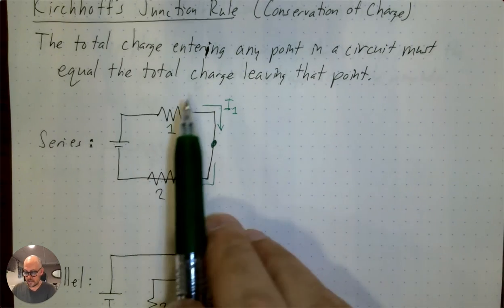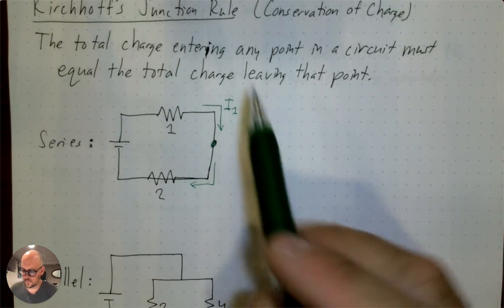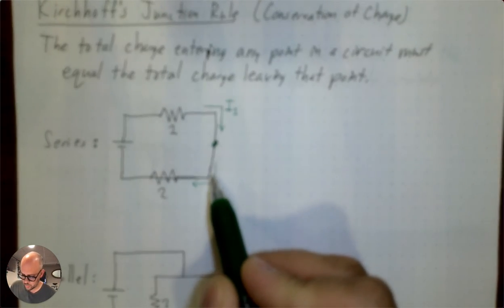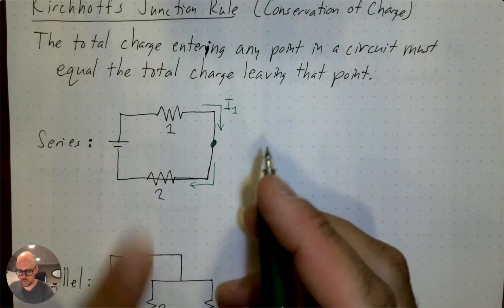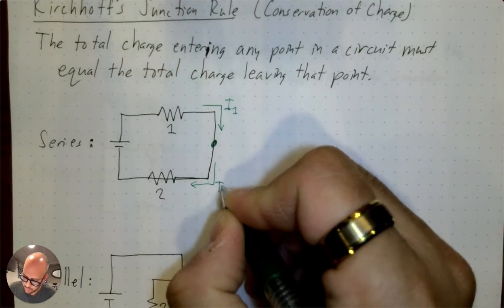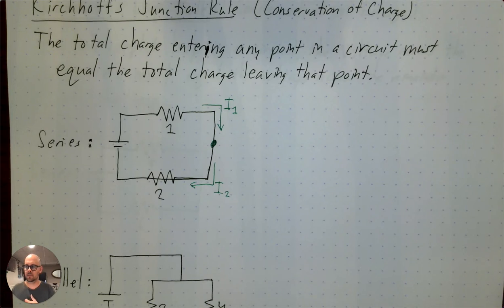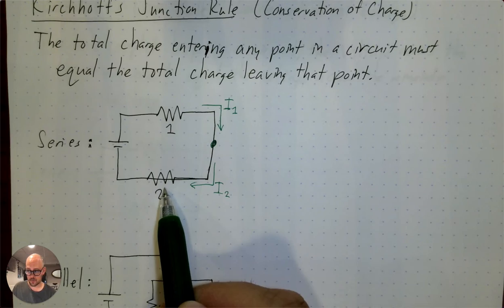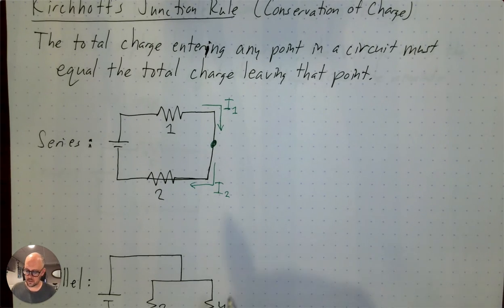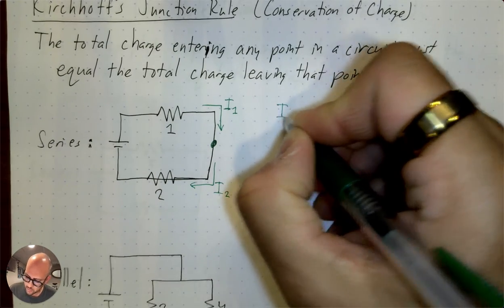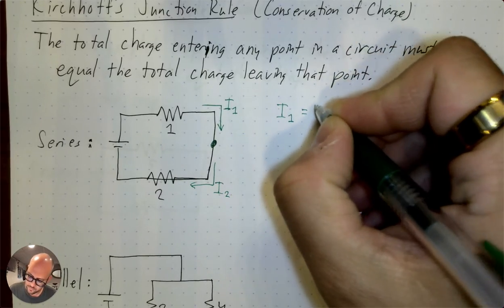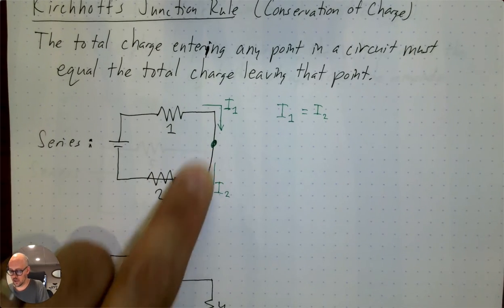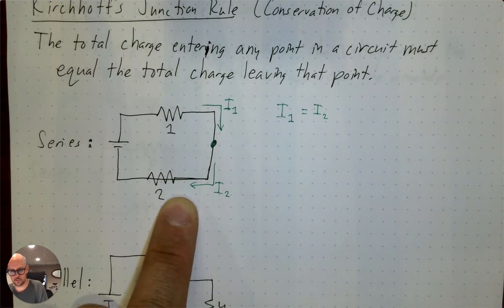The current that leaves this resistor gets to this point, and the current that leaves that point then goes through the second resistor. I'm going to label this I2. The current that leaves this one is I1, and the current that enters this bottom one is I2. According to the junction rule, these two currents have to be the same. I1 is the current that enters that point, and I2 is the current that leaves that point.